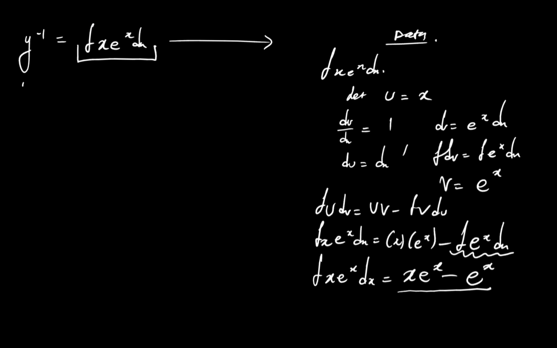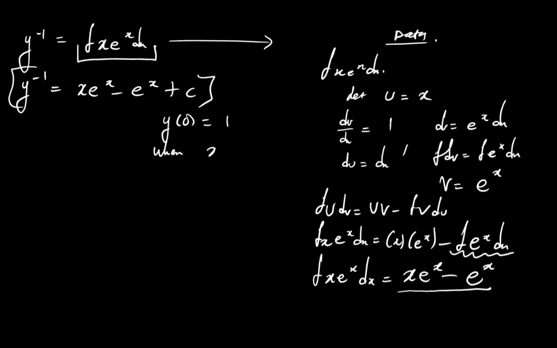So we're having y to the minus 1 being equal to x e to the x minus e to the x, plus c. Our initial condition in question says that y at 0 is 1. So when x is equal to 0, y is equal to 1.